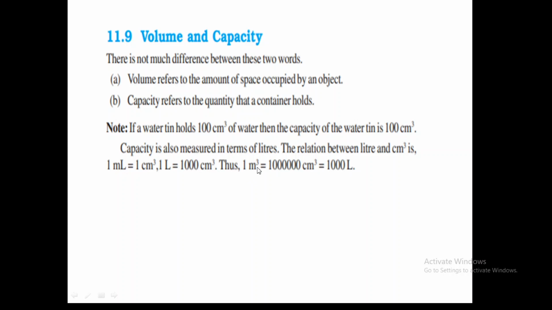That means if there is a tank in your house with 1000 liters capacity, then its volume should be 1 meter cube. These are the points of this chapter.